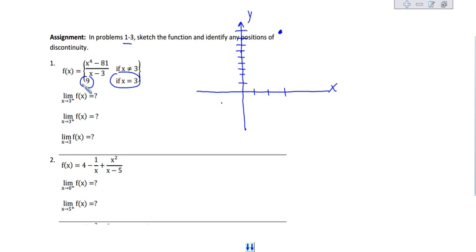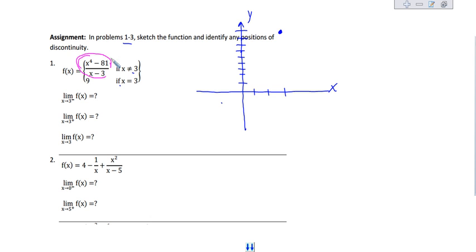And then everywhere else it's going to follow the top of this piecewise function, the first function that they define, which is x to the fourth minus 81 all over x minus 3. I don't know why I circled the first part. But anyway, let's see if I can erase that. There we go.